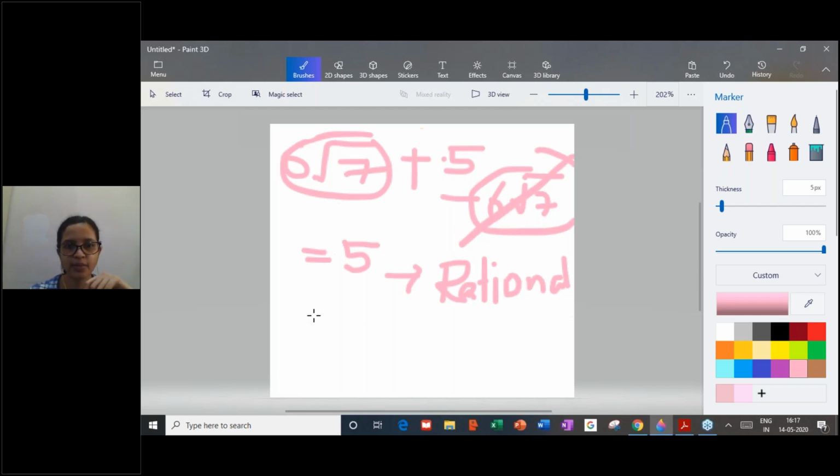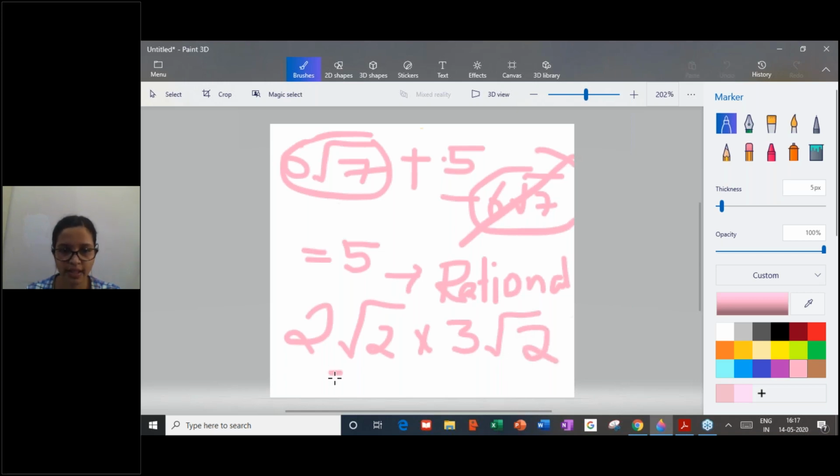Or even when you multiply, suppose you were going to multiply something like 2 root 2 into 3 root 2, you'll get 6 into 2, again you end up with a rational number, right?